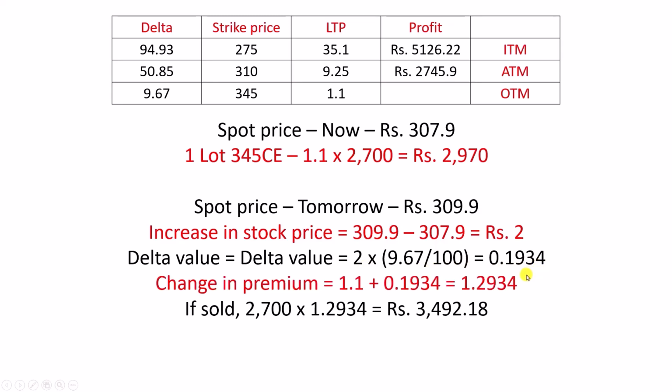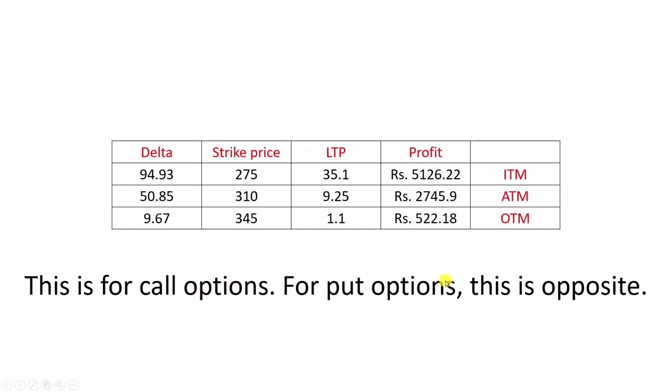So the change in premium is 1.1 plus 0.19. So this much is the new premium. Okay. If I sell, I will get this much back. So the total profit would be this much minus this much, which is this much. Okay. See the difference?